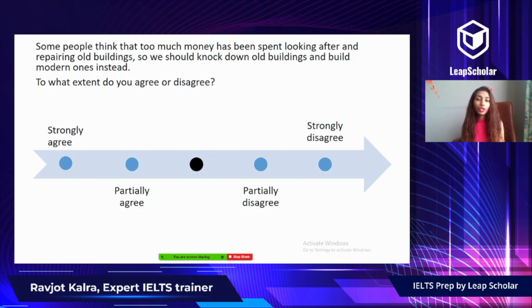To what extent do you agree or disagree? Do you completely agree? Do you strongly agree to this question? Or do you strongly disagree? Or do you think you can give partial agreement or partial disagreement as well? So let's understand this scale in more detail.